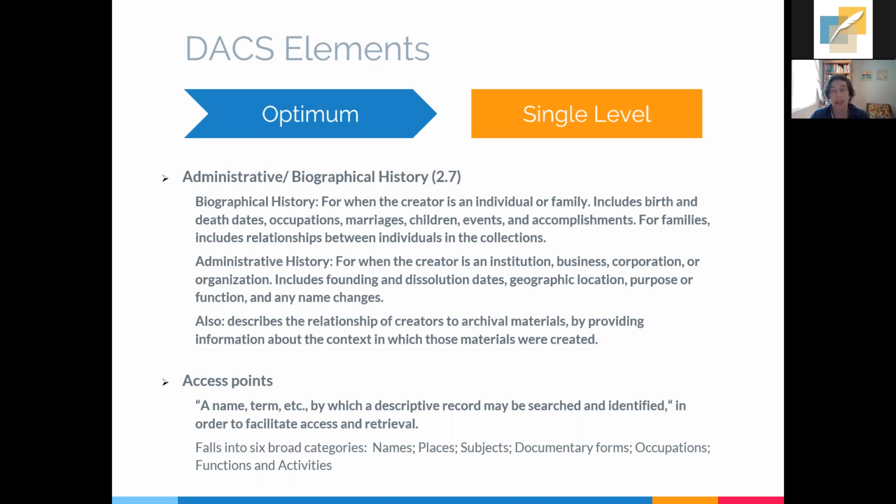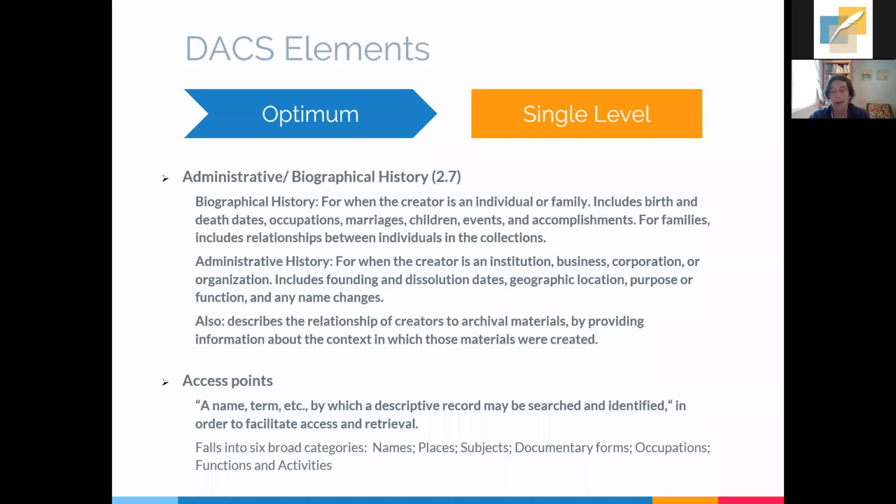So there's the administrative and biographical history, which helps identify the creator of the records, whether it's a person or family. Usually we call that the biographical history, or if the creator of the collection is an institution or organization, a business, what you write, then we call that the administrative history.